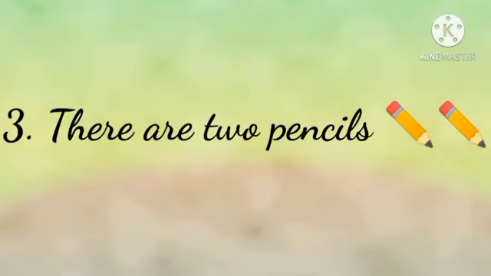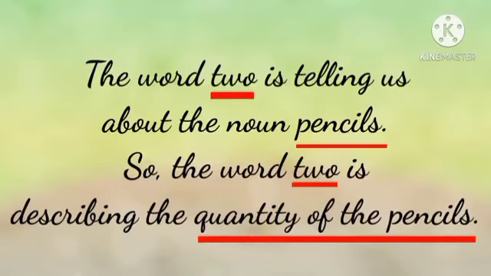Next, the third one. There are two pencils. Now, the word two is telling us about the noun pencils.